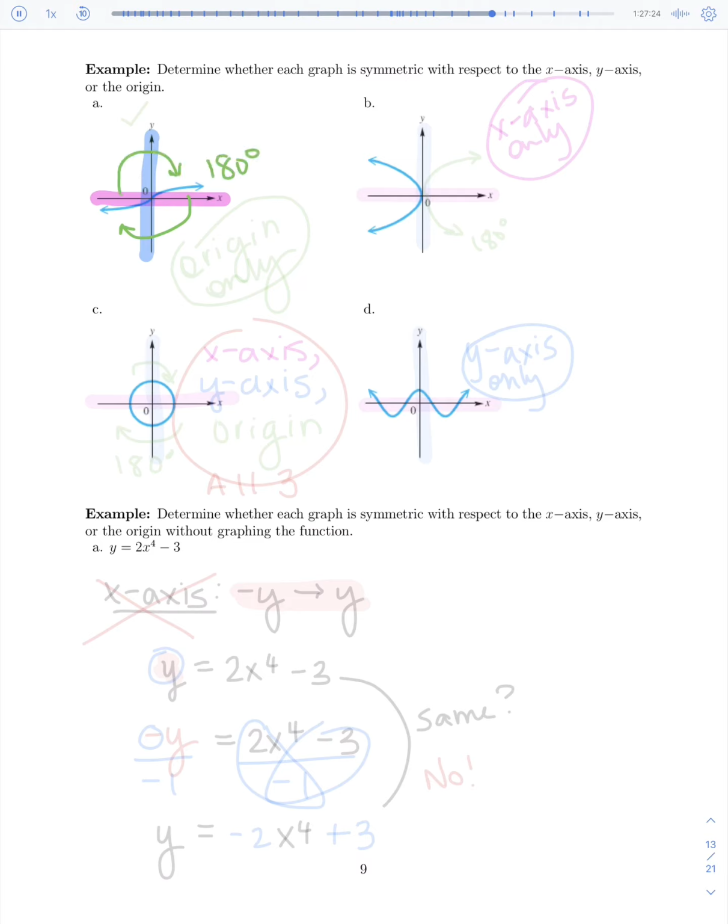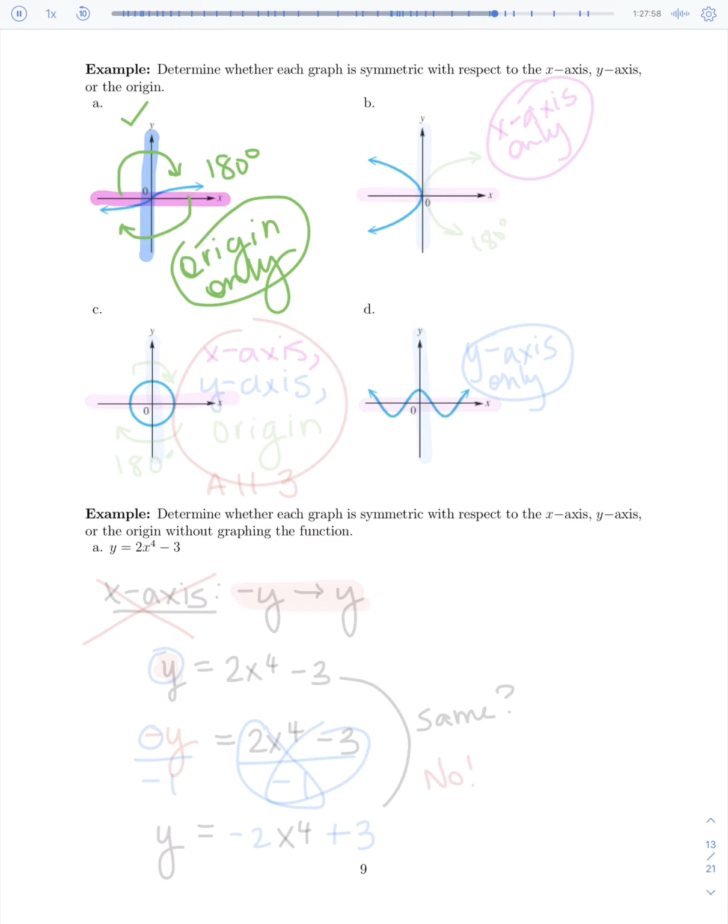You do end up with the same exact picture if you flip it 180 degrees. That's what we're looking for with origin symmetry. So this one does have origin symmetry only. On MyMathLab, this problem would be check all that apply. You would leave the x-axis blank, the y-axis blank, but you would check the origin box because it does have origin symmetry.